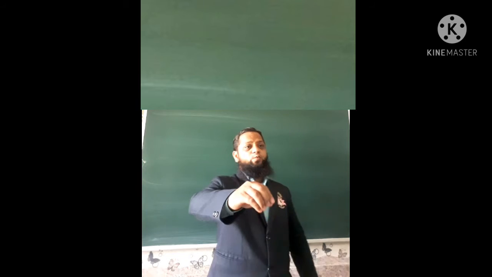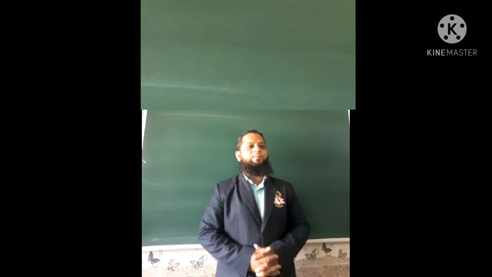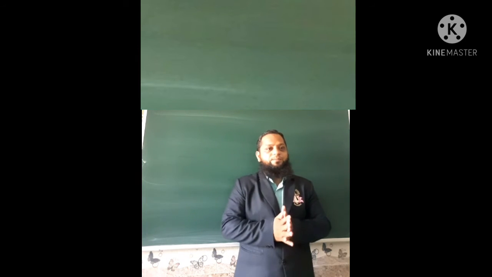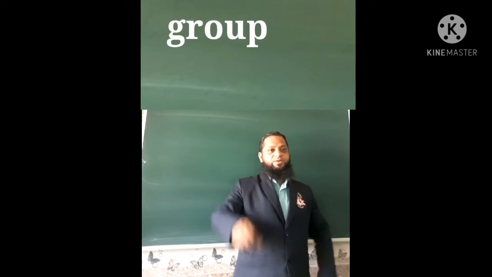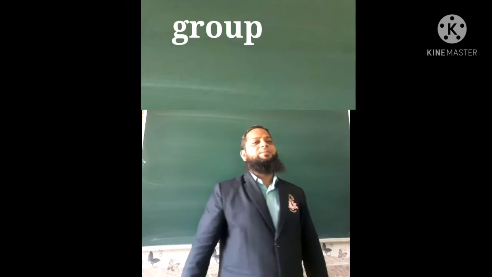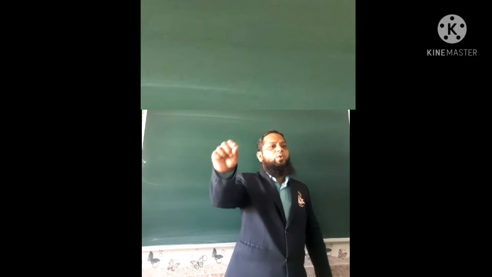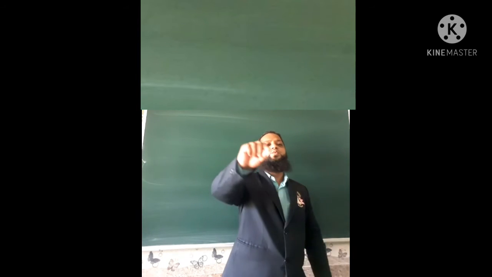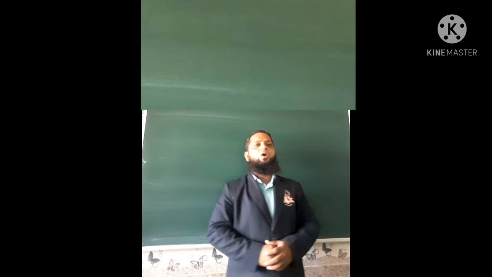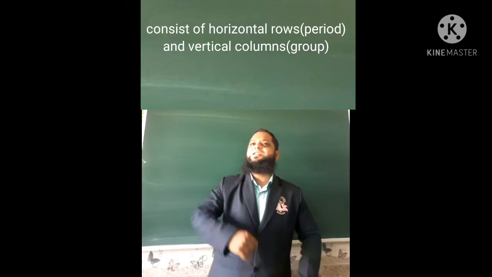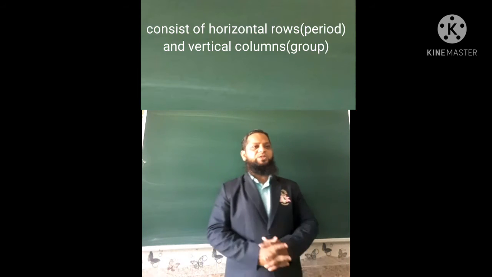The periods, one below the other, form a column called a group. Mendeleev's periodic table consists of horizontal rows and vertical columns, or periods and groups respectively.